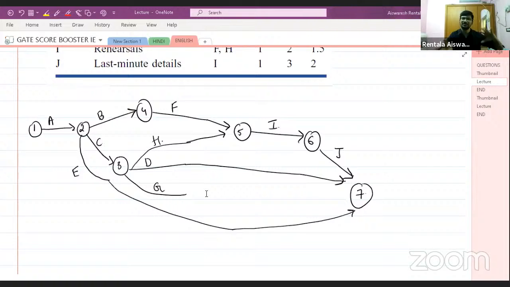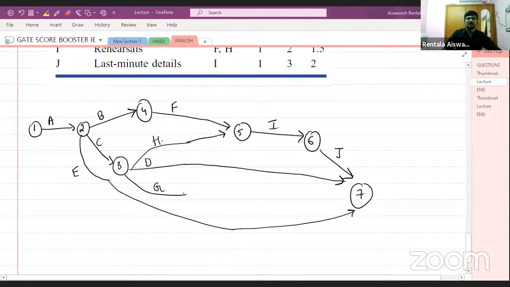It can have either the same start or the same end, but both cannot be possible. These two activities D and G, if I join directly at the end, are both starting from 3 and ending at 7. It is not okay. This represents redundancy, which we have discussed in the course.